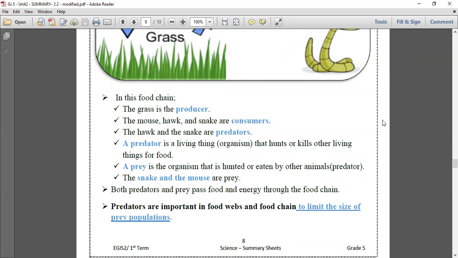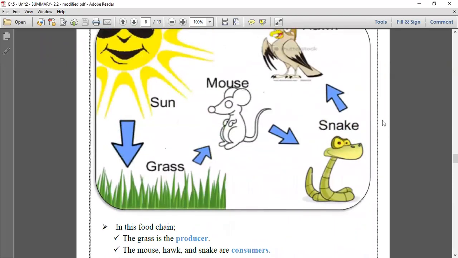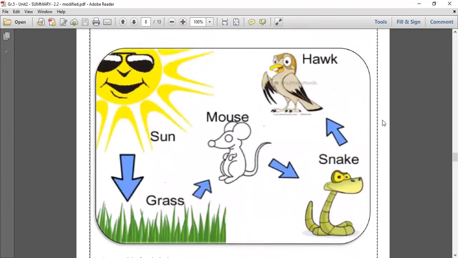For example, I need you to look at this food chain right here. Imagine that in this ecosystem, there are only grass, mice, snakes, and hawks, and the hawks are removed from this ecosystem. In this case, the snakes will become outnumbered. They will grow in large numbers because there is no predator to eat or feed on snakes, right?